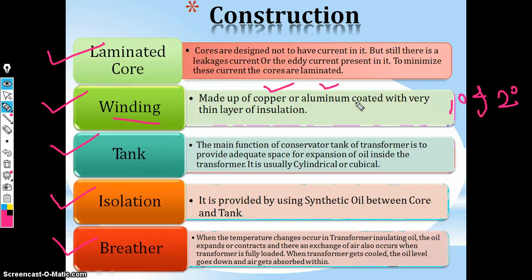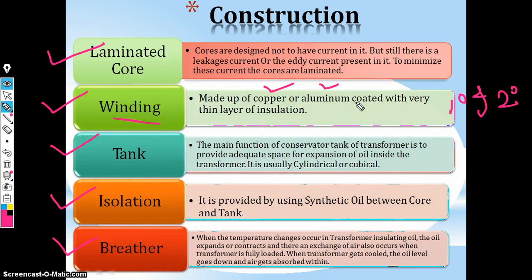Then isolation is needed between oil and core, that means synthetic oil is used, and this synthetic oil provides isolation between the core and the tank. Then the last point is the breather. When temperature changes occur in the transformer oil, the oil expands or contracts, and a large amount of air is exchanged with the transformer oil at that instant.